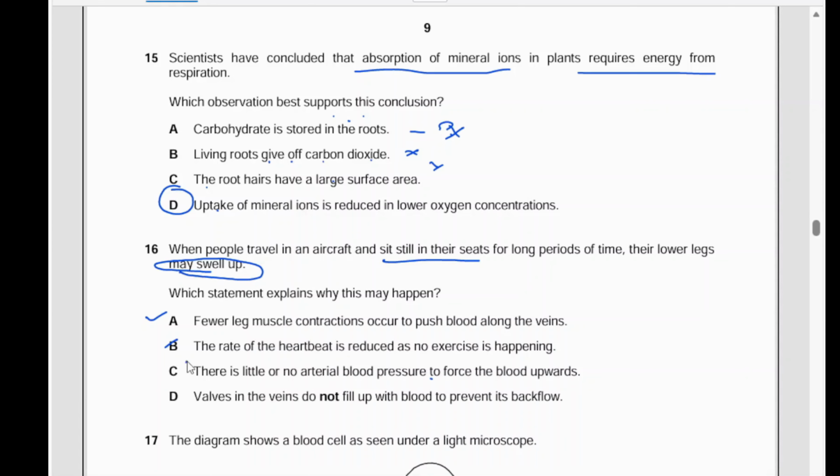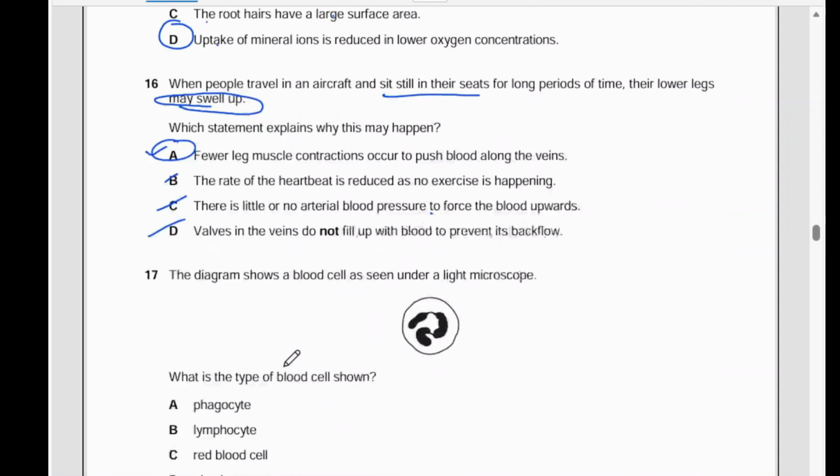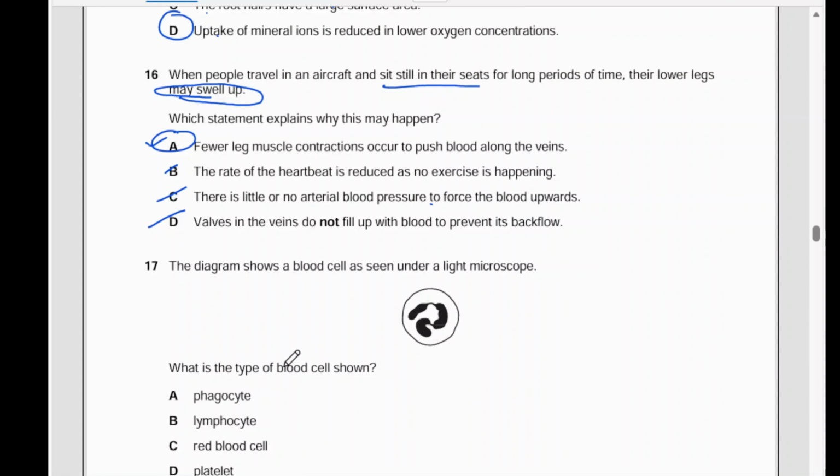There is atrial blood pressure; we basically relate blood pressure with ventricles, not atria. Valves in the veins do not fill up with blood to prevent backflow? No. So the only logical answer is A, because leg contraction is lesser, so the blood may pass slowly.